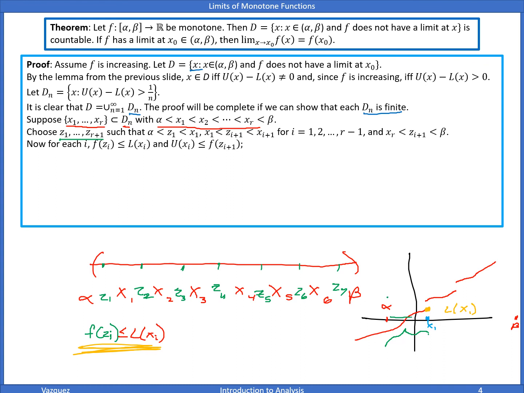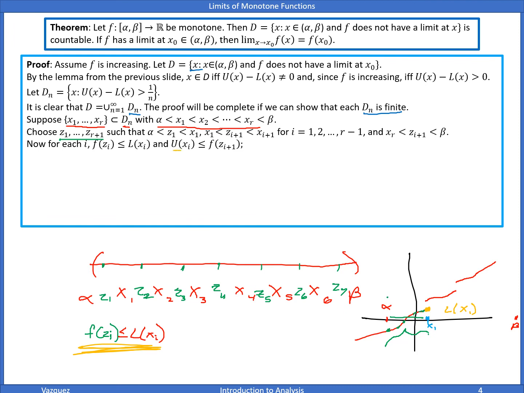Well, because this function is increasing, whatever value we have, either this point, this point, this point, all the points, that's definitely less than or equal to this orange point, L of xi, or in this case, L of x1. Does that make sense? So f of zi is less than or equal to L of xi.